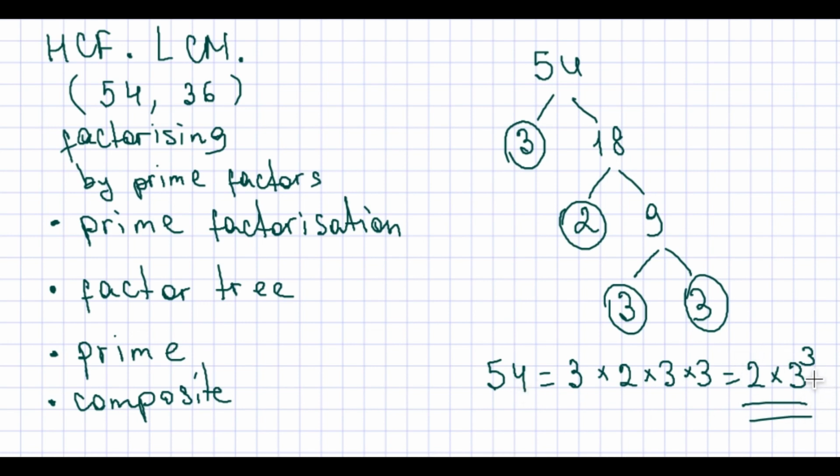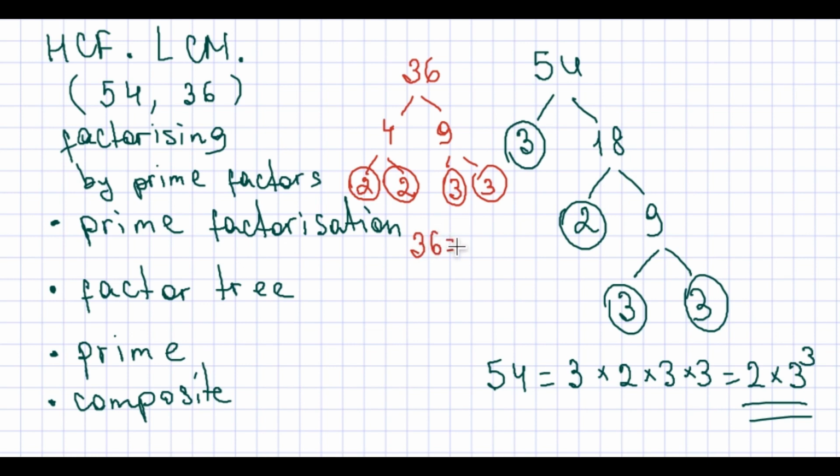Okay, now let us factorize 36 by its prime factors. I will write it here. 36 is 4 and 9. Both of them are composite numbers, so I will write 4 as 2, 2, which are prime, so I circle them, and 9 is 3, 3, so I circled it.